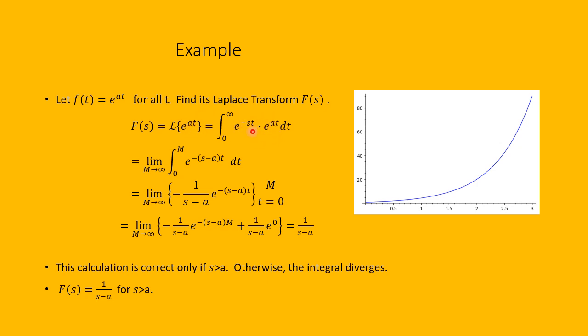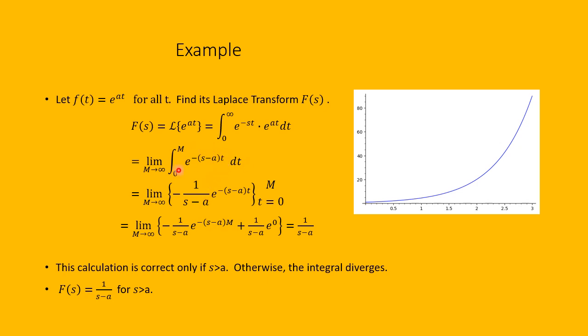By laws of exponents, we can combine these two factors into e to the minus the quantity s minus a times t, and that's integrated from 0 to m with respect to t. And since this is an improper integral, we'll take the limit as m goes to infinity of the integral from 0 to m of this stuff.